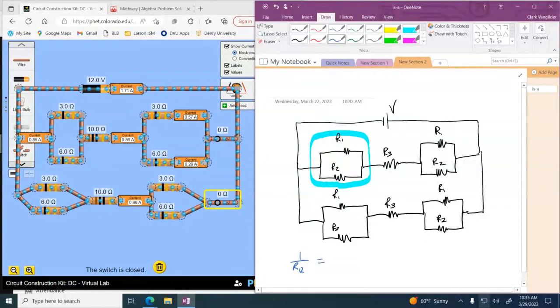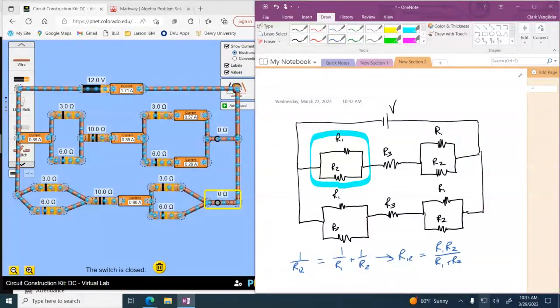And so to use the rule that the textbook and videos have shown, I would have 1 over R1 plus 1 over R2, which means that R12, the equivalent resistance, will be the product over the sum. And you can always go there when it's just a simple 2 resistors in parallel. It's always going to be the product over the sum.